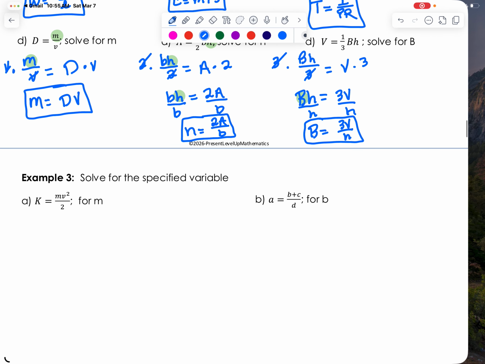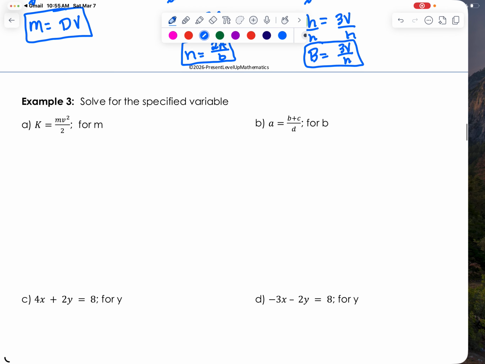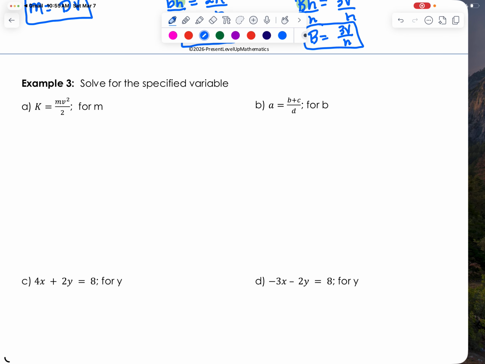All right, example 3. Solve for the specified variable. In problem A, we have k equals mv squared divided by 2, and they want us to solve for m. So I'm going to rewrite this as mv squared divided by 2 equals k. I'm going to highlight what we're trying to solve for. I need to remove the v squared and the 2.